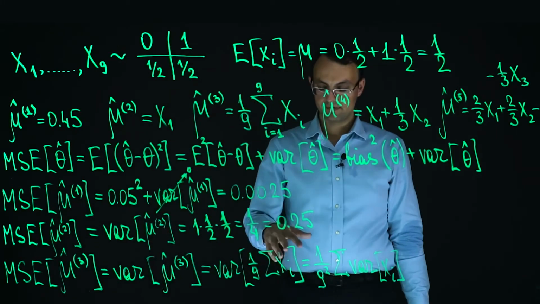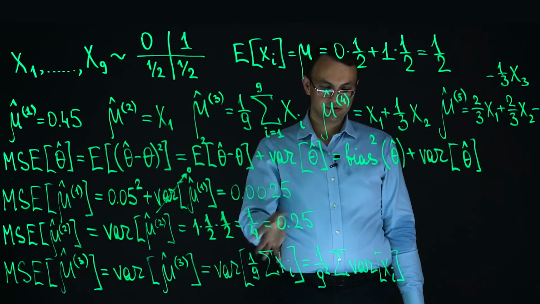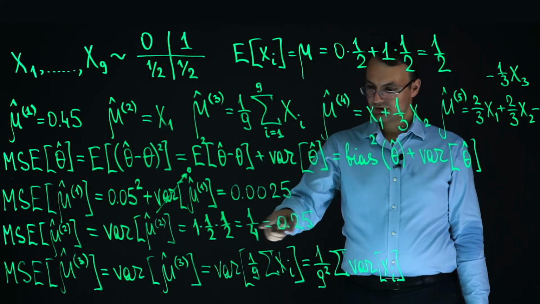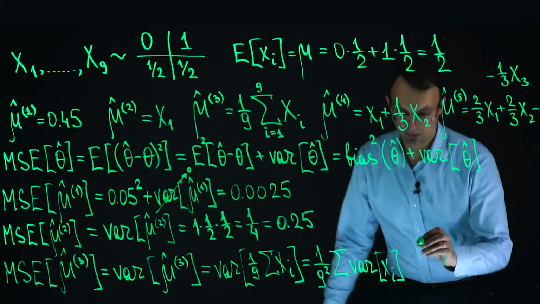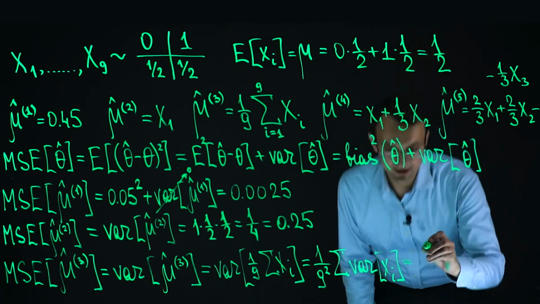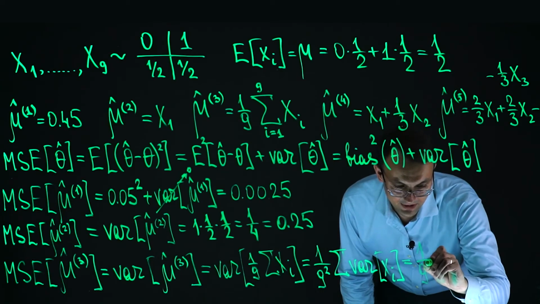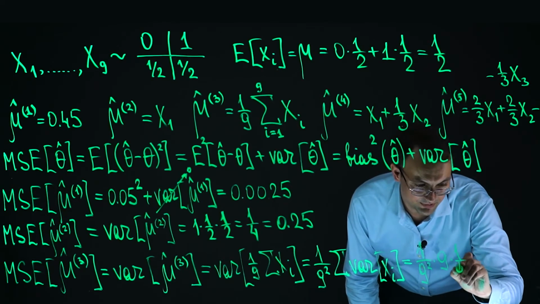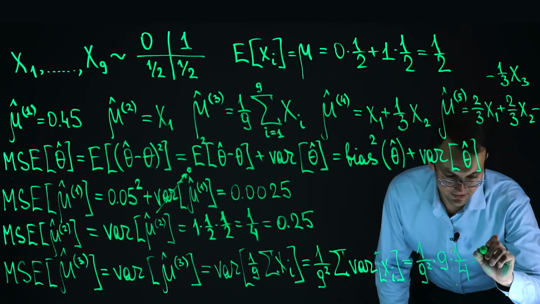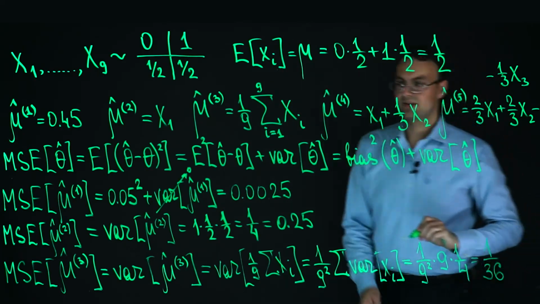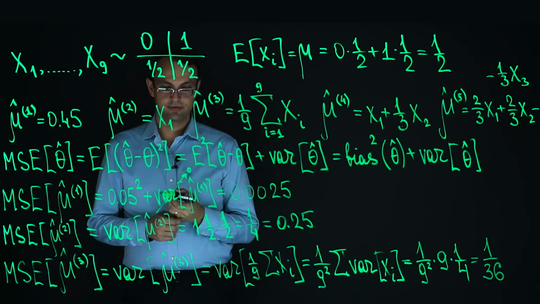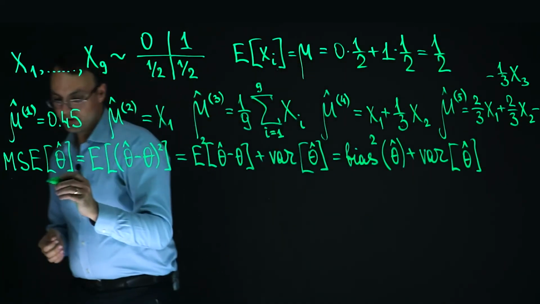For independent random variables, the variance of a sum is equal to the sum of variances. The variance of xi, as we already know, is 1/4, and it is added to itself 9 times. So I have 1/9 squared times 9 times 1/4, that is 1/36. This is the MSE of the third estimator.